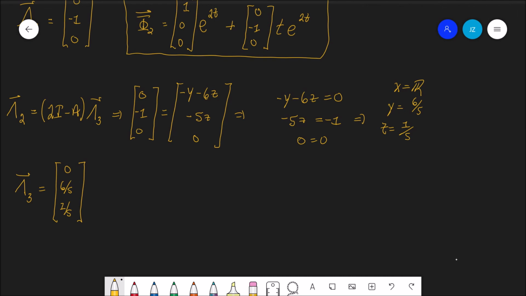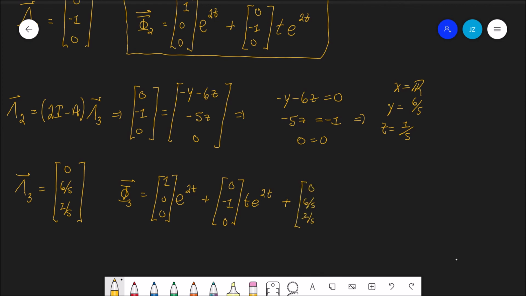And so we can take our third solution vector to be the (1, 0, 0) e to the 2t, plus the (0, minus 1, 0) t e to the 2t, now plus this new eigenvector, (0, 6/5, a fifth).